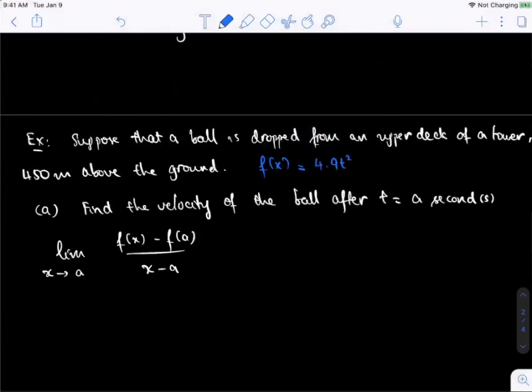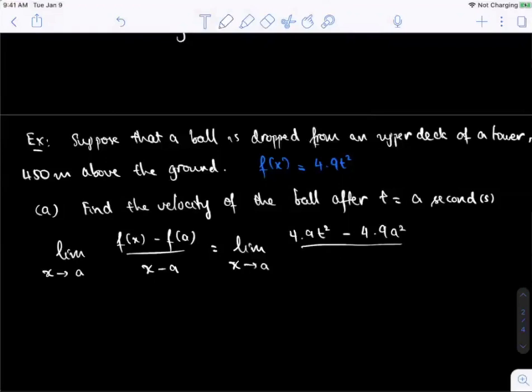This is the position function of the free fall object, and you can substitute into the limit of f of t minus f of a divided by t minus a. So the limit as t approaches a of 4.9 t squared minus 4.9 a squared, everything divided by t minus a.